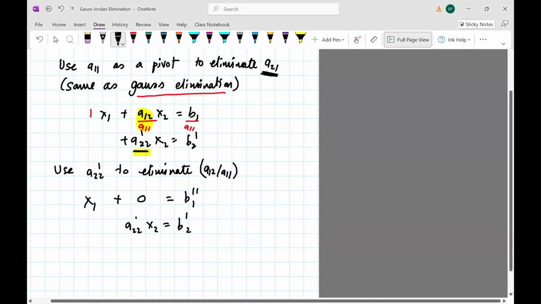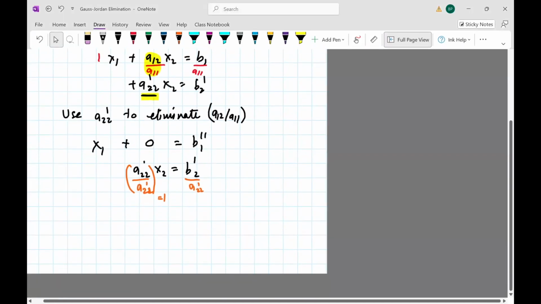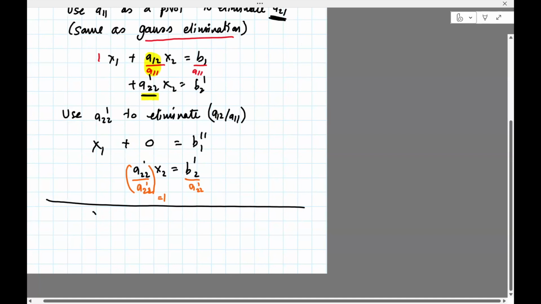And then, as I said, you also need to make it unity. So you divide it by a22 prime. So this will make it 1. Okay, so the final expression will be like this. x1 plus 0 equals b1 double prime, and x2 equals b2 prime over a22 prime.